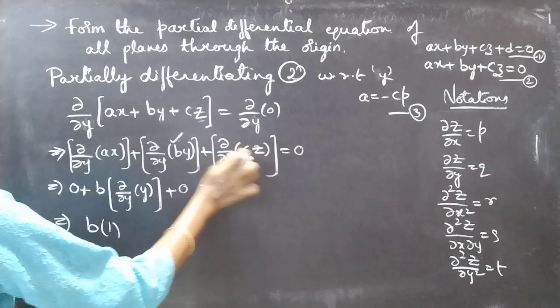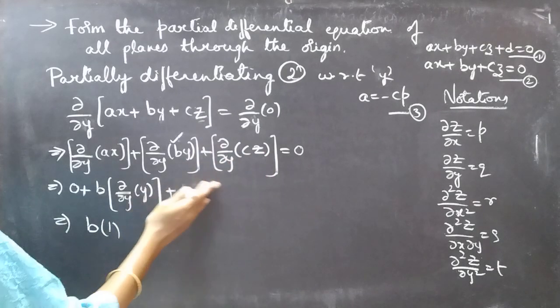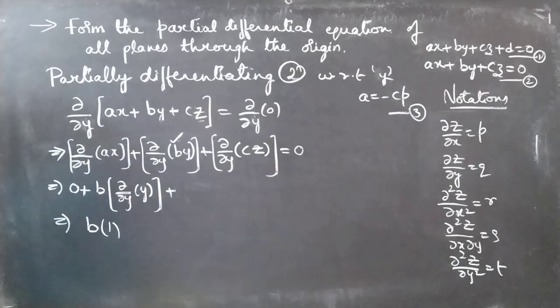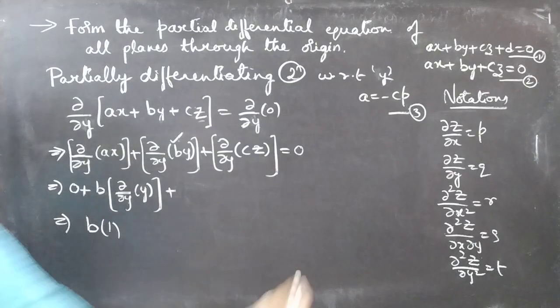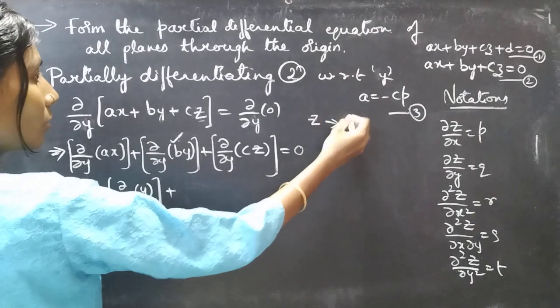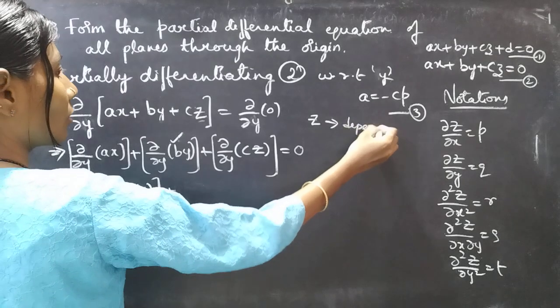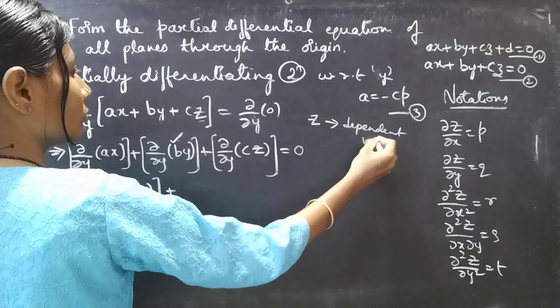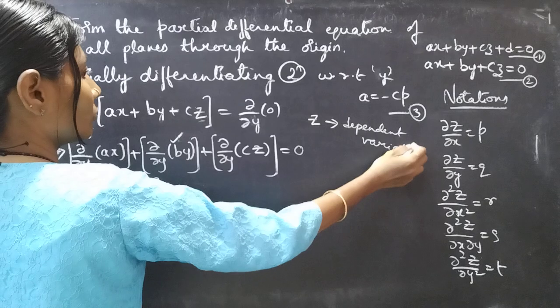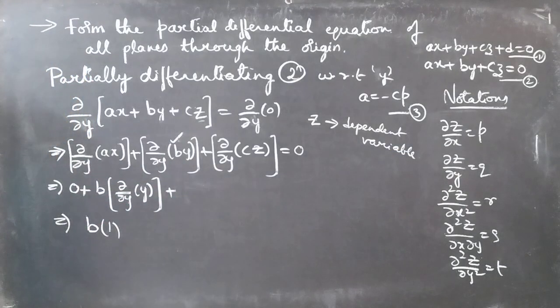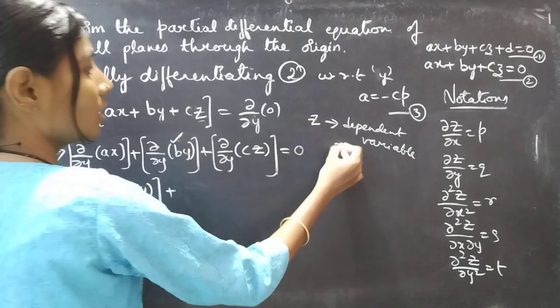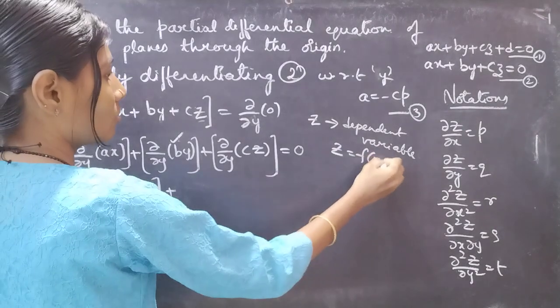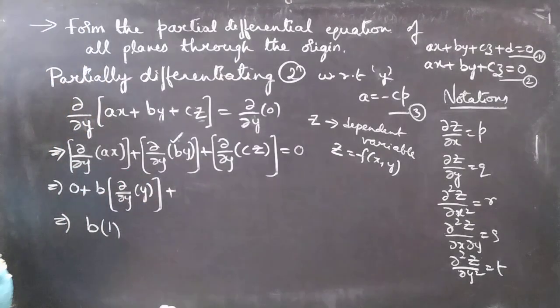Sorry, here you have z, right? So you can't write it as 0. You have the variable z, where z is a dependent variable. x and y are independent variables, or we can say z is a function of x and y, where x and y are independent variables.